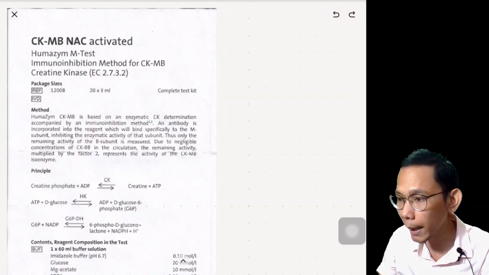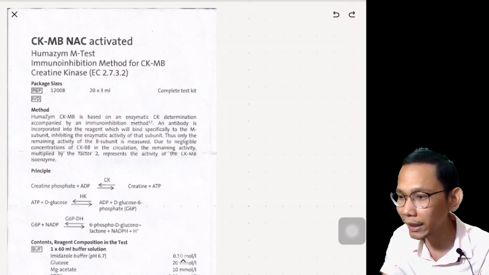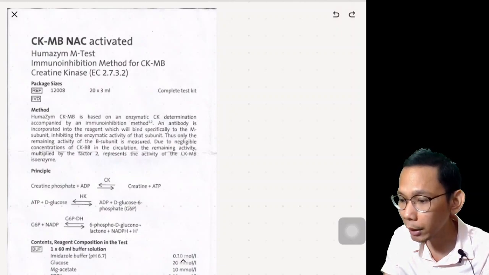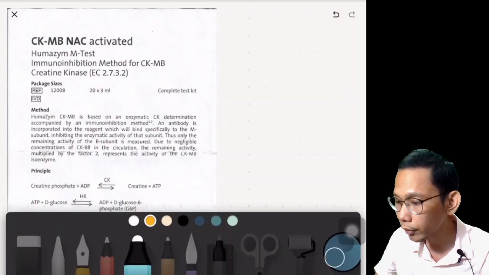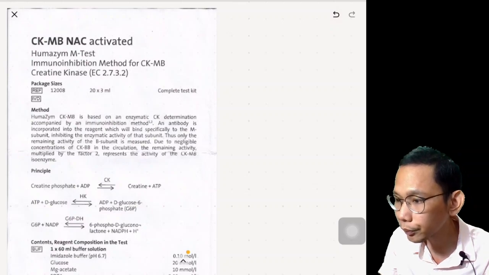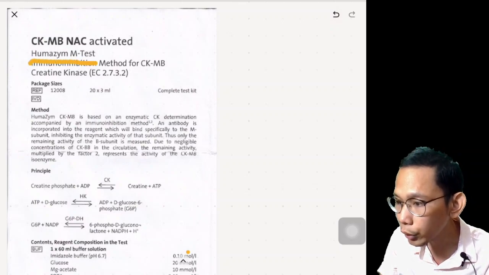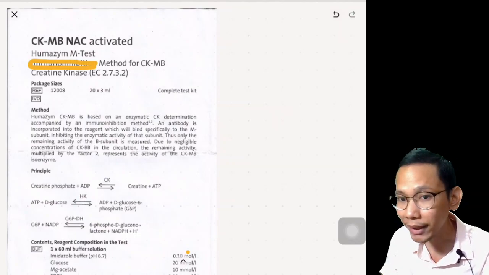So your CKMB not activated, it is actually a homozyme M test using an immunoinhibition method. Kanina, di ba, we discussed about your immunoinhibition. This is an immunoinhibition test. So, it is an enzymatic CK determination accompanied by an immunoinhibition method.